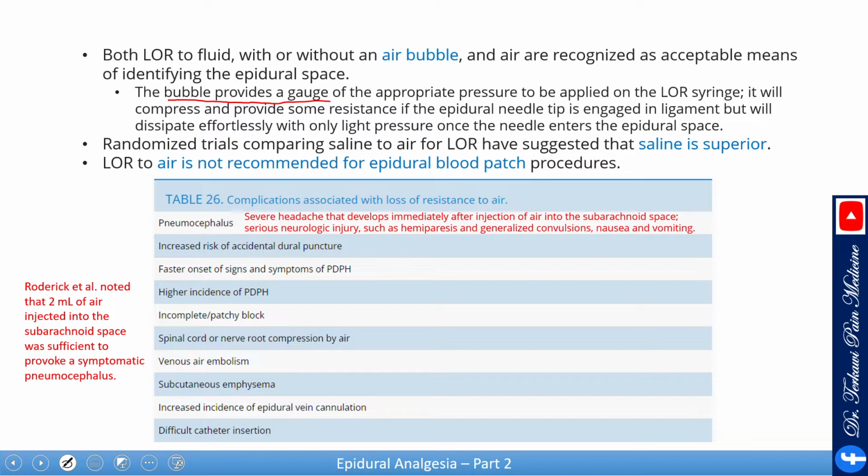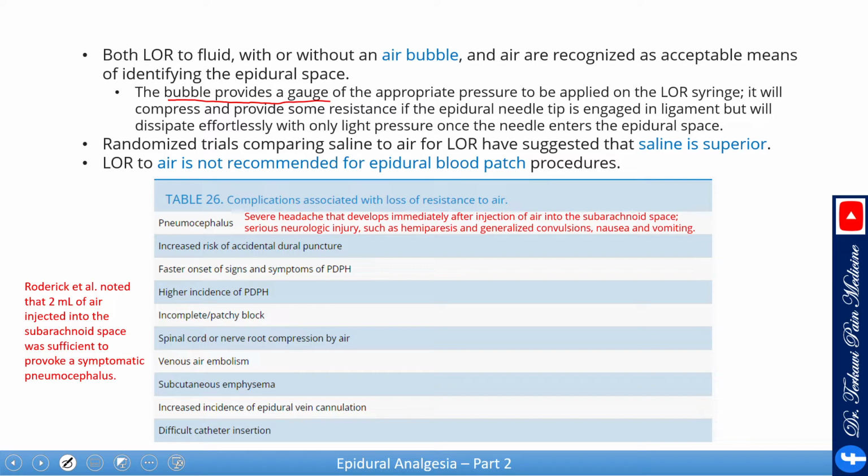It will compress and provide some resistance if the epidural needle tip is engaged in the ligament, but will dissipate effortlessly with only light pressure once the needle enters the epidural space. A randomized trial comparing saline to air for LOR has suggested that saline is superior. LOR to air is not recommended for epidural blood patch for sure.